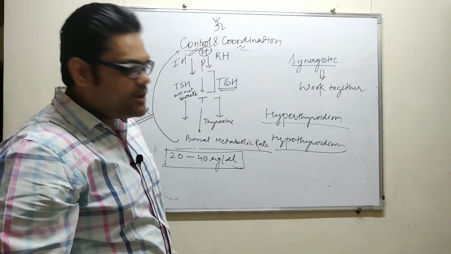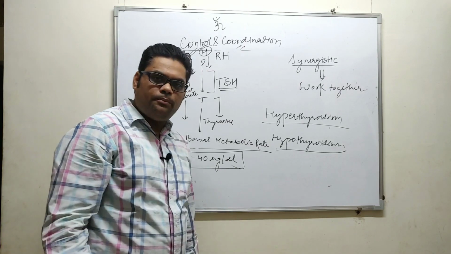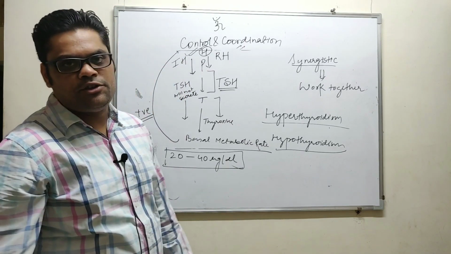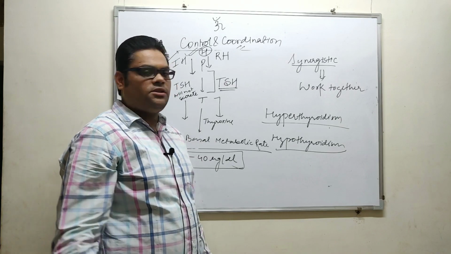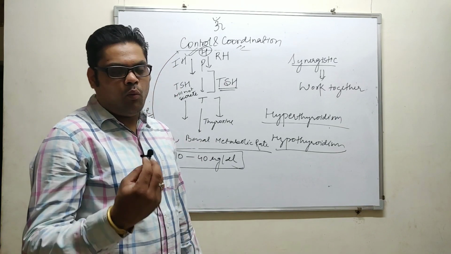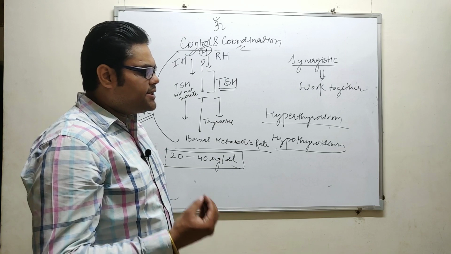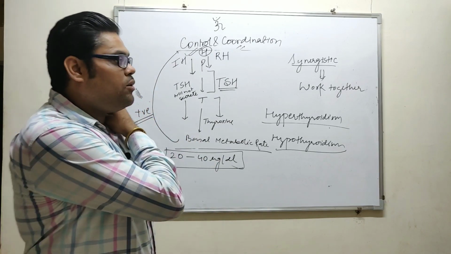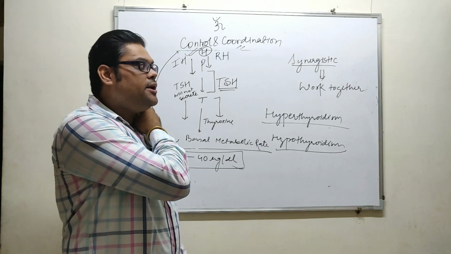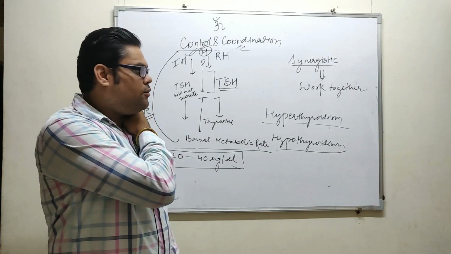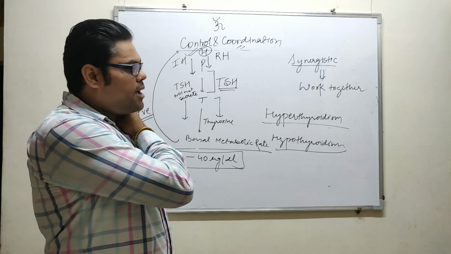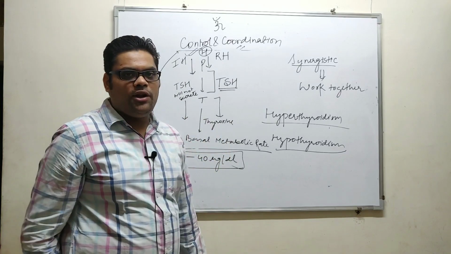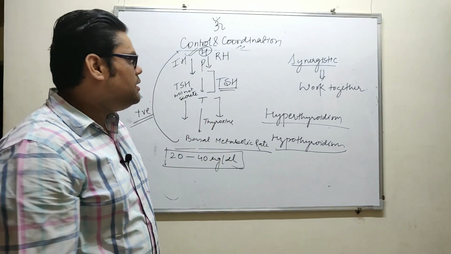Now coming to the diseases, first we come to the simple goiter. Simple goiter is because of the deficiency of iodine. Exactly speaking, in the hilly areas, minerals like iodine are not sufficiently found in water, and that's why the drinking water lacks iodine, and because of this deficiency the person suffers from simple goiter.